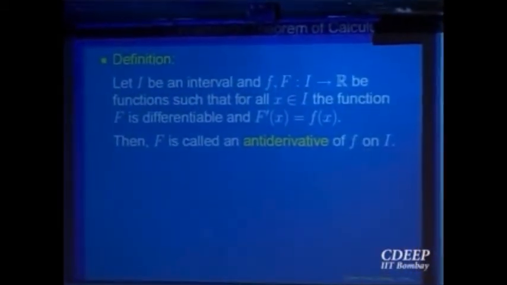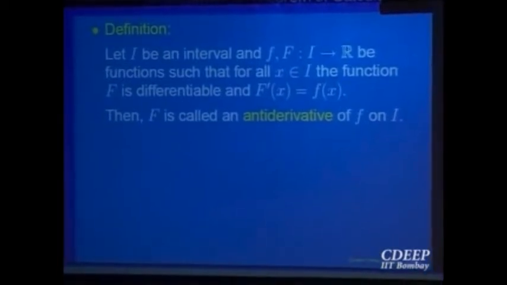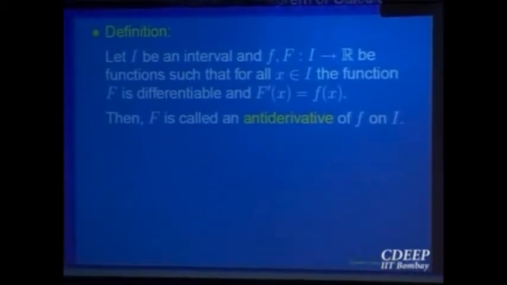Because it relates, the derivative of F is small f, right? So we say it is an antiderivative for function small f. Now you can say we only want F dash to be equal to small f, and two functions, even if they differ by a constant, the derivative is not going to change. So an antiderivative for a function need not be unique.